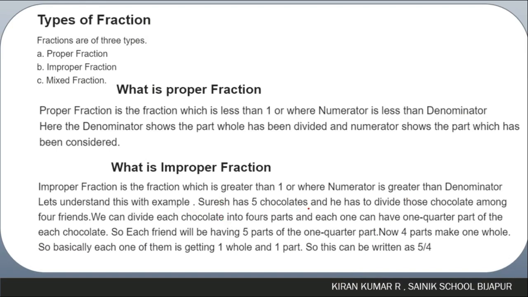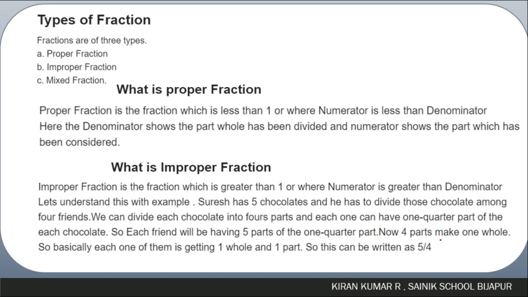Suresh has 5 chocolates and he has to divide those chocolates among his 4 friends. We can divide each chocolate into 4 parts, and each one will have 1/4 part of each chocolate. So each friend will have 5 parts of 1/4.